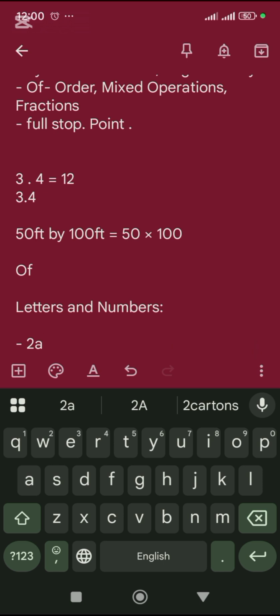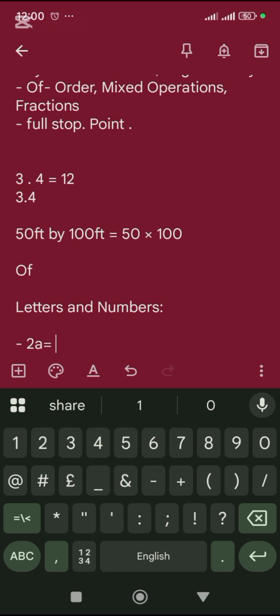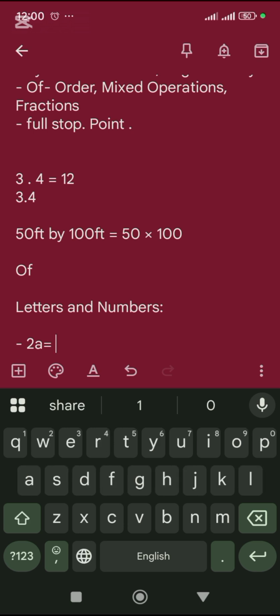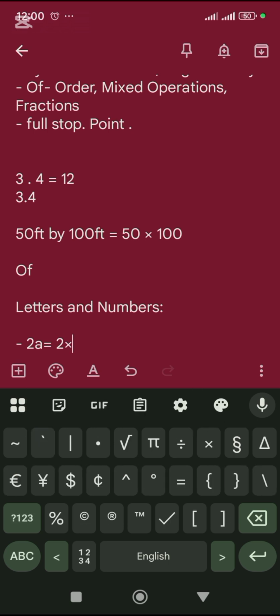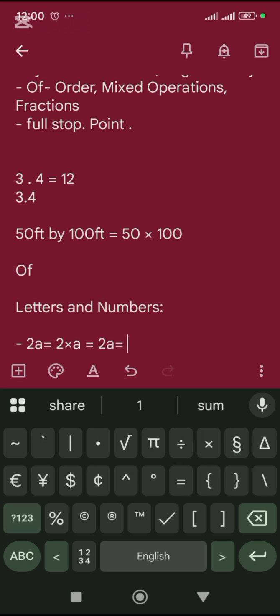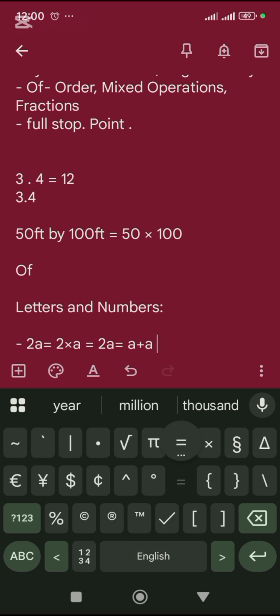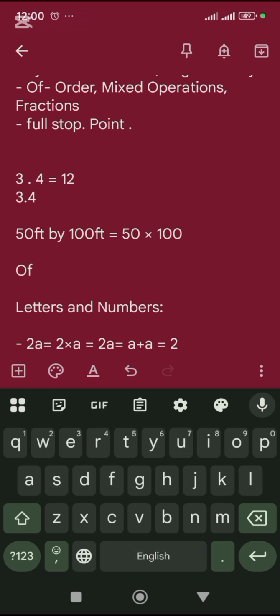So this is equal to 2 times a. It also means a plus a, which will also be 2a.